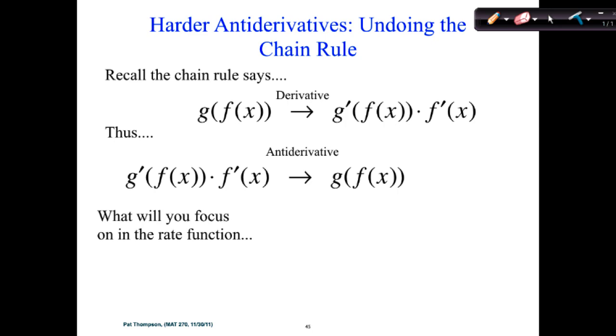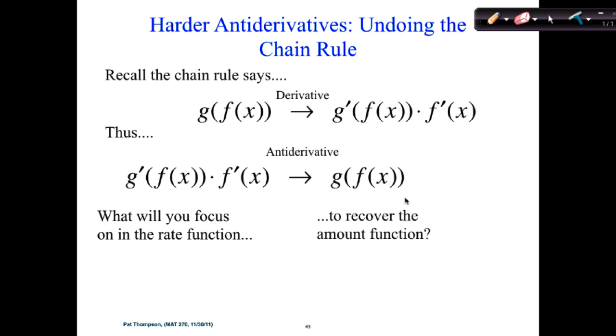So what are we going to focus on? We've identified that we have a chain rule derivative. Now, where are we going to place our focus in order to recover the original function? On exhibit A or exhibit B?